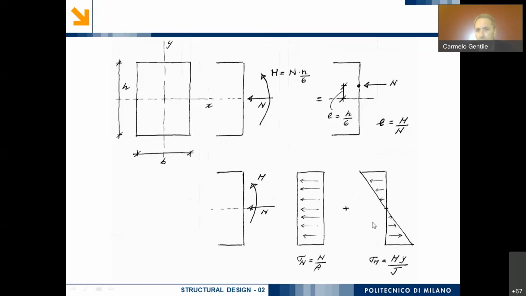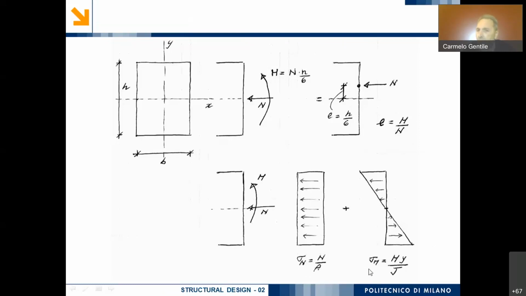Due to the effect of the axial force N, I have a uniform value of the stress. So sigma N, associated with the axial force N, is simply equal to the axial force over the area of the cross section.